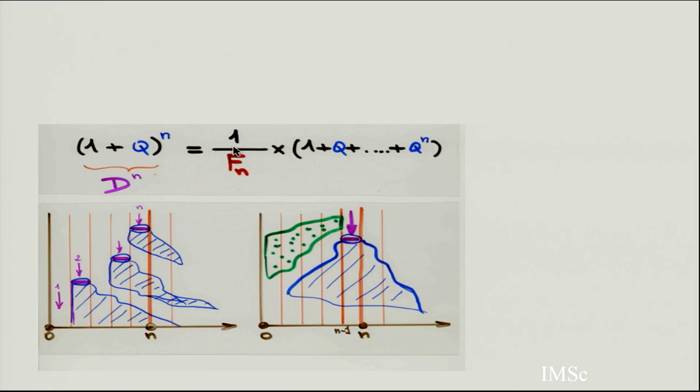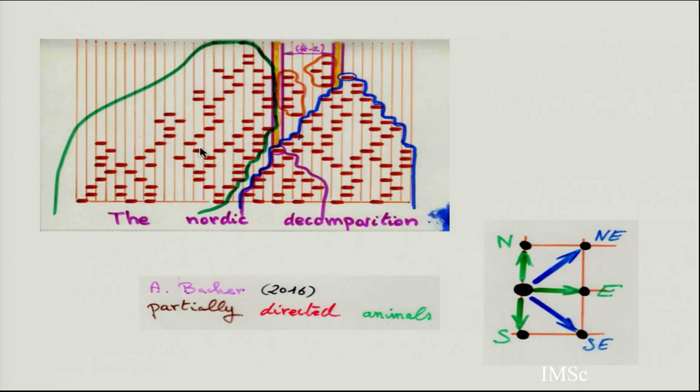The interest of such a decomposition has been shown in a recent paper by Axel Bacher in 2016. When people 30 years ago introduced directed animals, there were also partially directed animals. Instead of animals with only directed paths going north or east, the open problem was animals with 3 possible steps: any point of the animal can be reached from the source point going north, east, or south, or also a diagonal step on a triangular lattice.